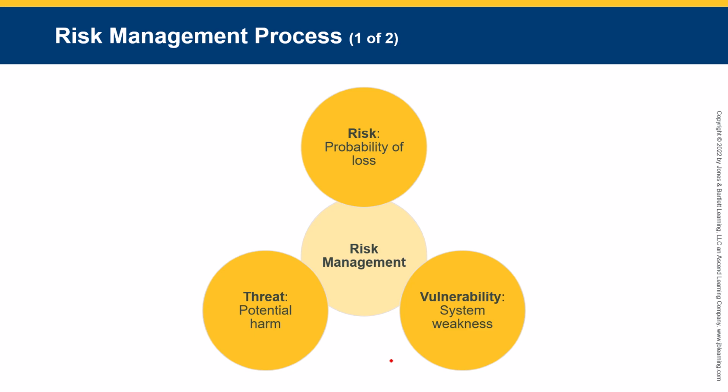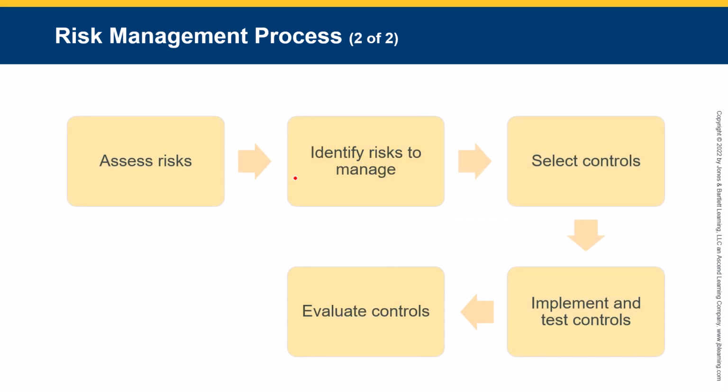So risk management is looking at and managing risk, threats, and vulnerabilities. Their intersection is where risk management comes in. Again, we look at assessing the risk, identifying, quantifying it.